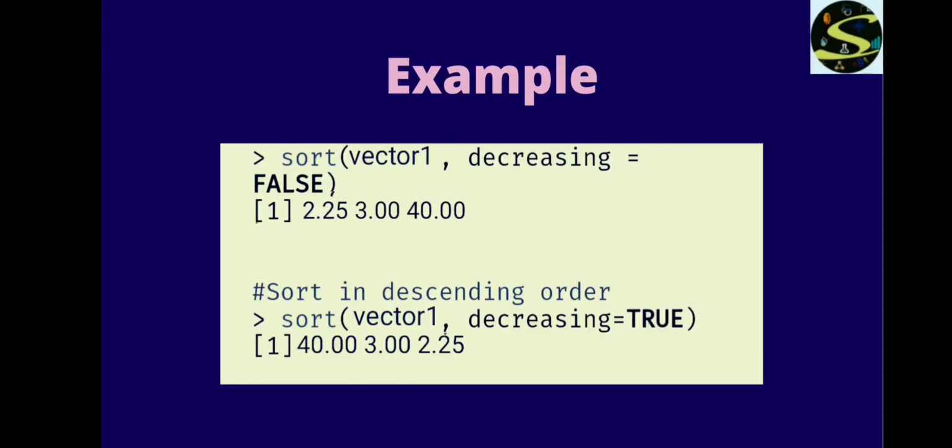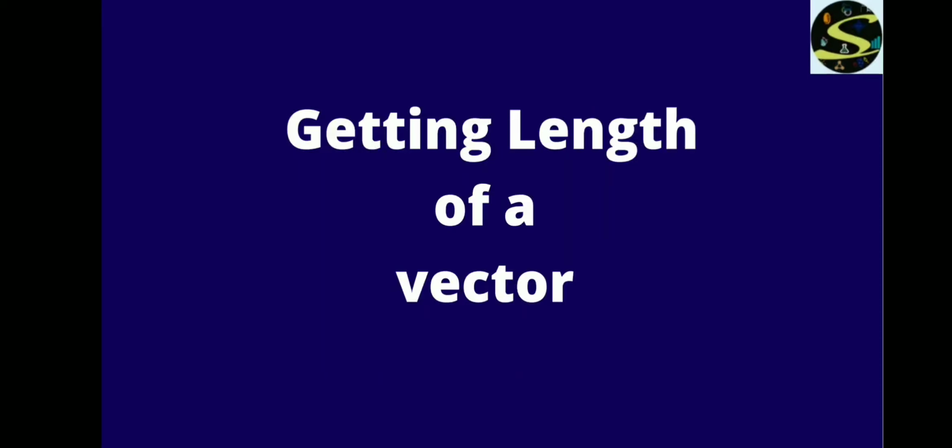Oftentimes we deal with data from a data set we download off the internet. We read entire columns into vector variables and may not be aware of the dimensions beforehand. In these cases, the length will be an important parameter to know so that we don't run into non-applicable values when working with data.